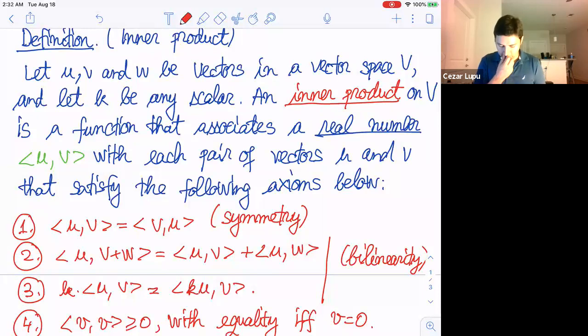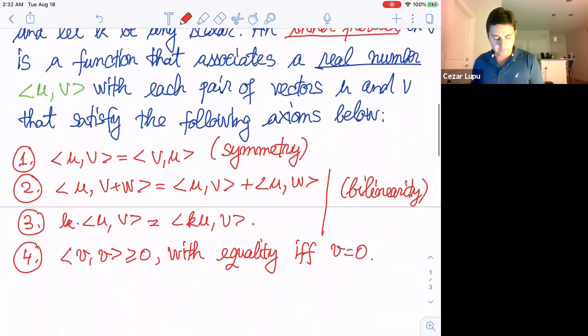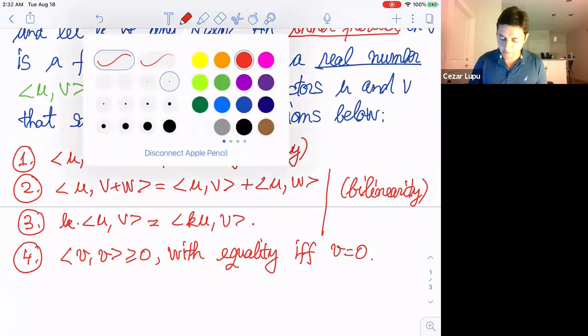Now let's see some examples. But before that, I want to point out a remark.